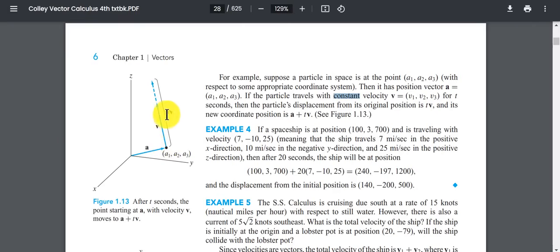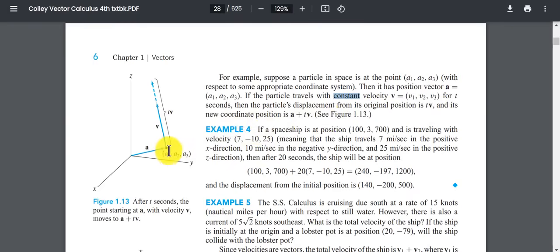And we add t times the velocity vector because we want to let it depend on t. So we get a plus tv, which is what we have here. Okay, so then the particle's displacement from its original position is tv, and its new coordinate position is a plus tv.